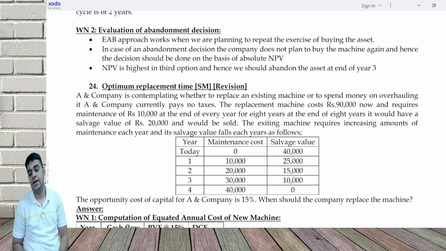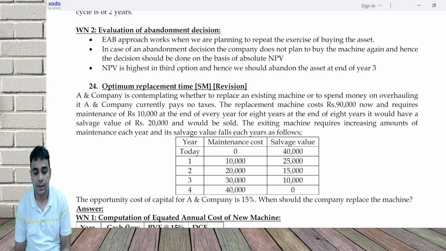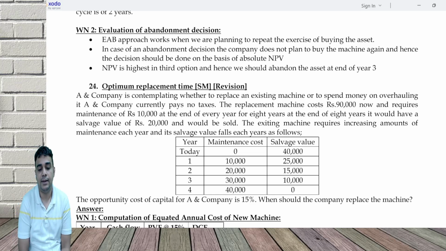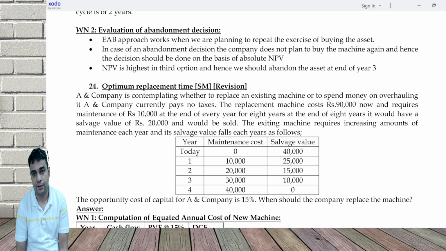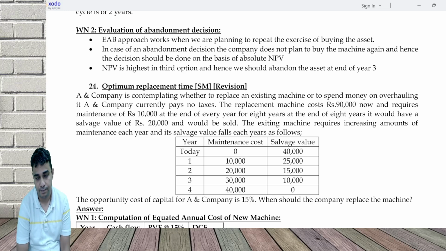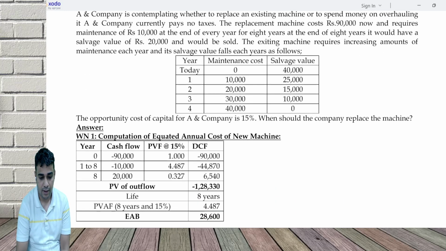Just get me the EAC of the new machine. Year 0, 90,000 outflow. Years 1 to 8, 10,000 outflow. At the end of year 8, minus 20,000. See, all these questions, they can make it complicated by bringing income tax if they want. So, this is the number I get. Beyond this, I'll take you through.